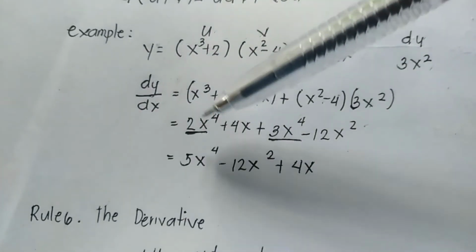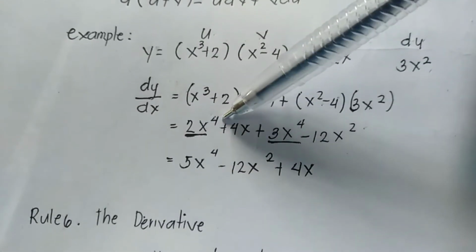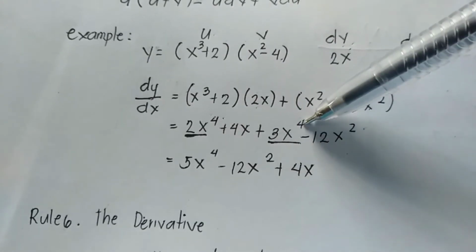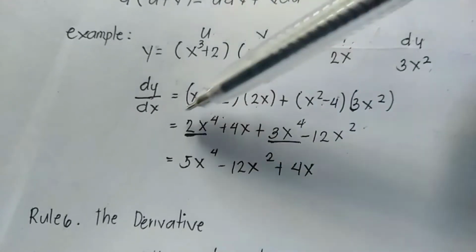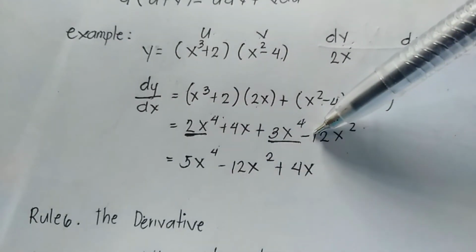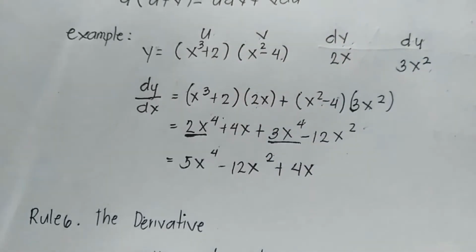Then combine the like terms. So 2x to the 4th power plus 3x to the 4th is equal to 5x to the 4th. Then negative 12x squared, then 4x.